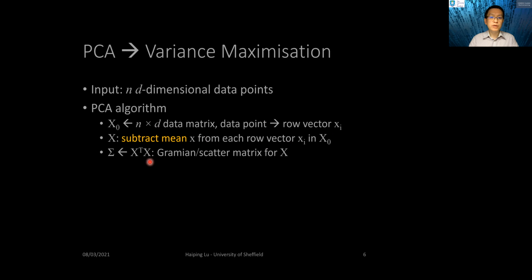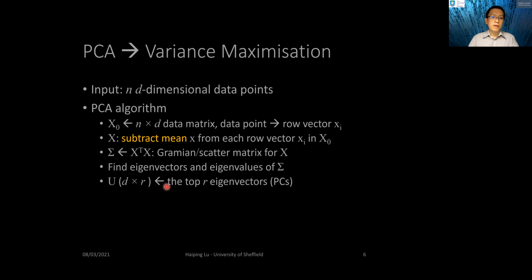Then we compute the Gram matrix, also called the scatter matrix, for the centered data matrix X. That is X transpose times X, and we call it sigma. Then we find the eigenvectors and the eigenvalues of sigma, and we keep the top R eigenvectors as the principal components, or PCs.